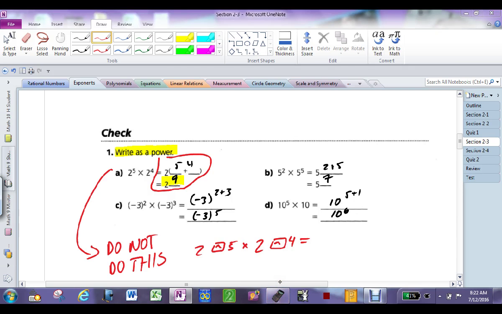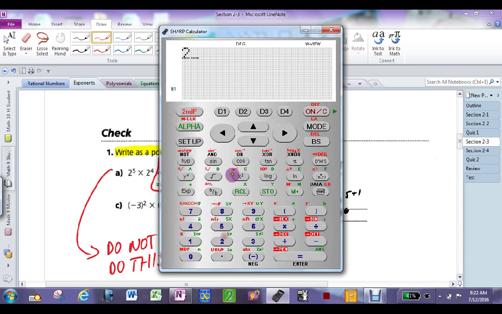And you will tell me the answer is 512 because you have punched it into your calculator. That does not show me you understand anything about math.